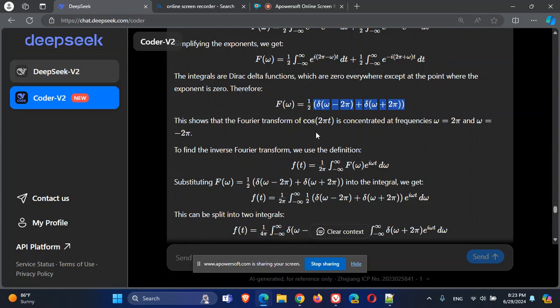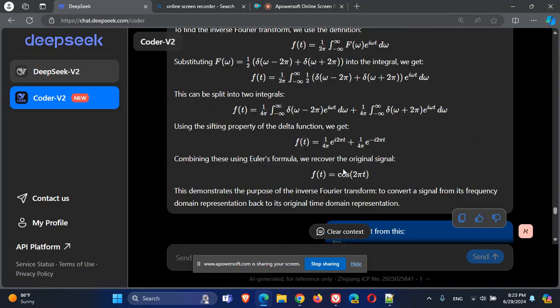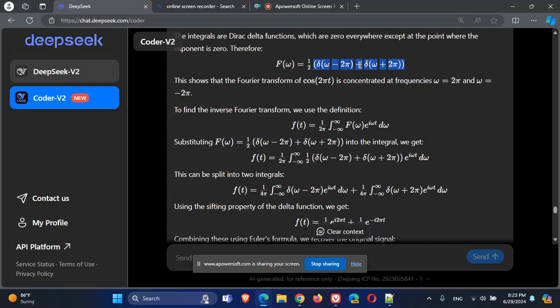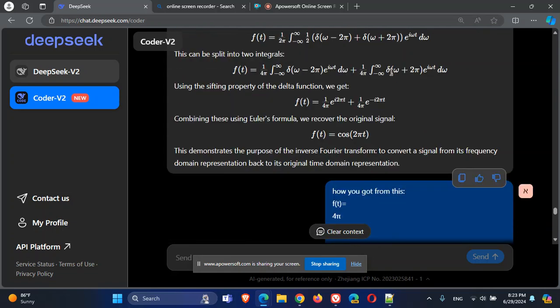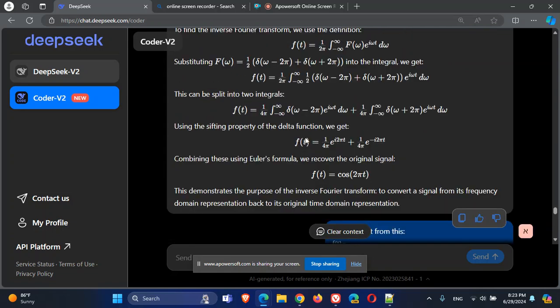Then we took the frequency domain, the Fourier transform, plugged it into the inverse Fourier transform, and reconstructed the original time domain function. So we took it from the frequency domain, the function after the Fourier transform, and using the inverse Fourier transform, reconstructed it in the time domain.